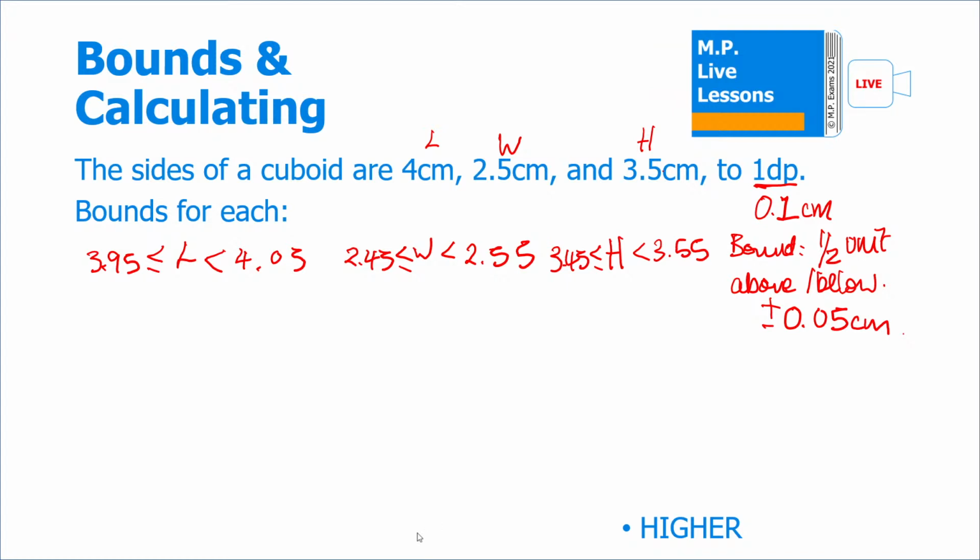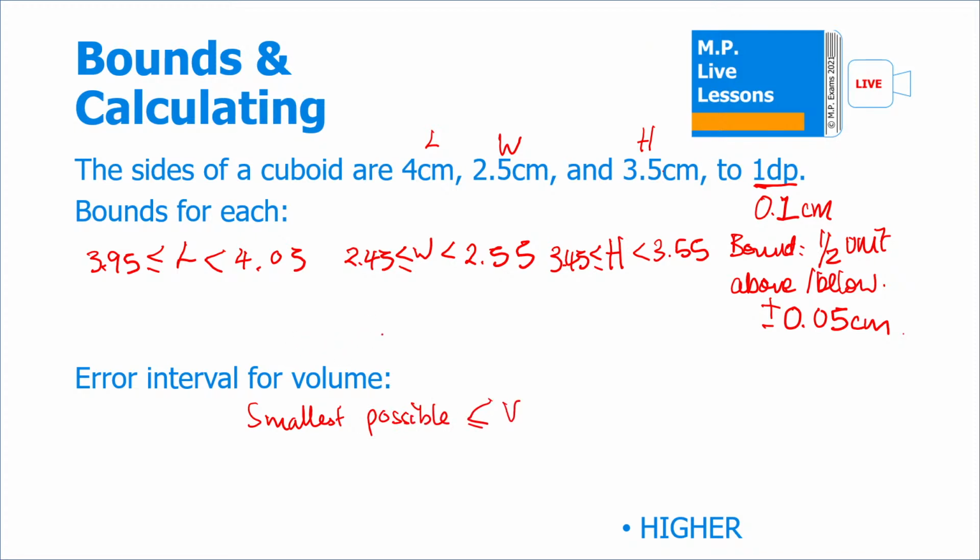And then you could be using these bounds to find the error interval for the volume. So the error interval is from the smallest possible to the largest possible. Since the volume is equal to the length times the width times the height, you simply get the largest of these to get the largest value, and the smallest of each of these values to get the lowest value.